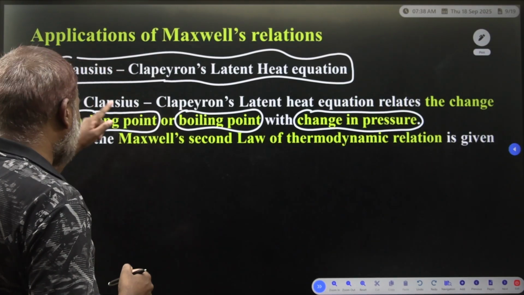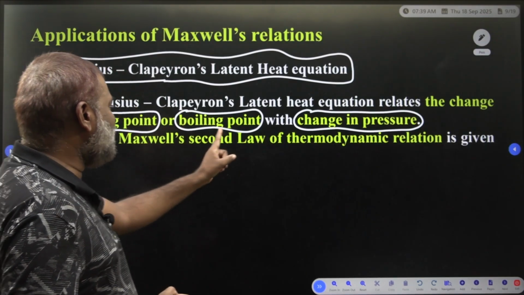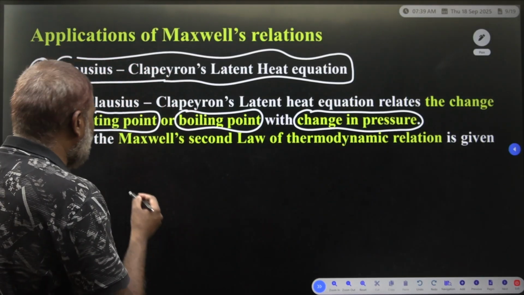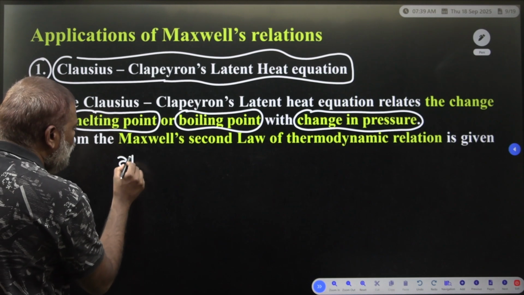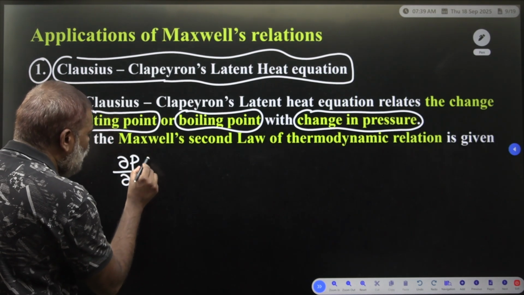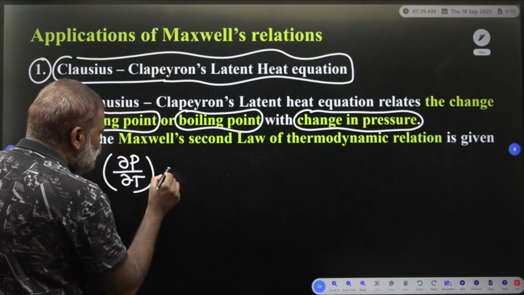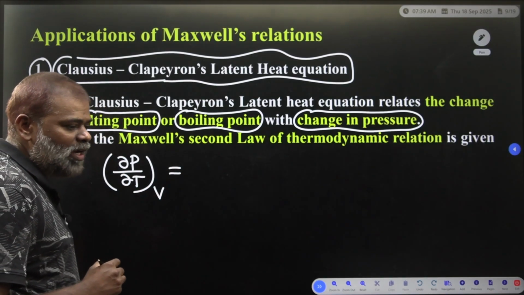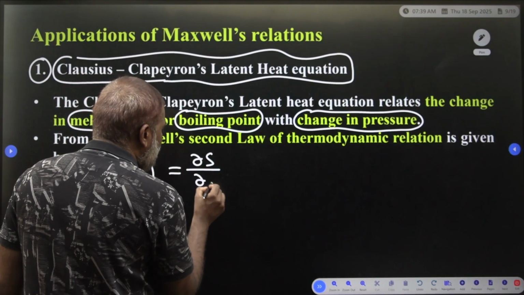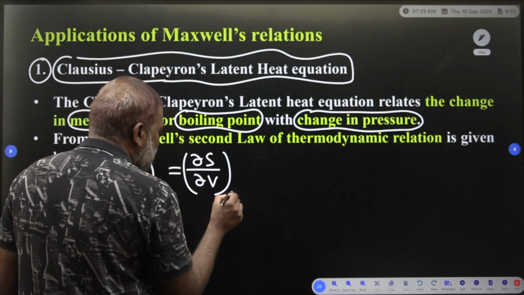How do we derive this? From Maxwell's second thermodynamic relation. What is the second relation? (∂P/∂T) at constant volume is equal to (∂S/∂V) at constant temperature.